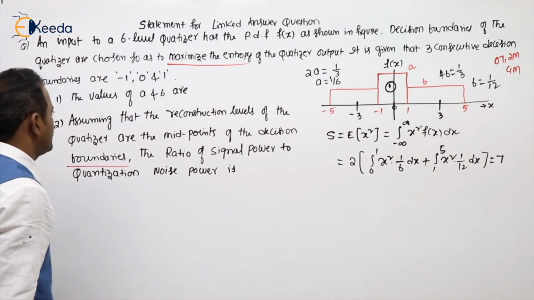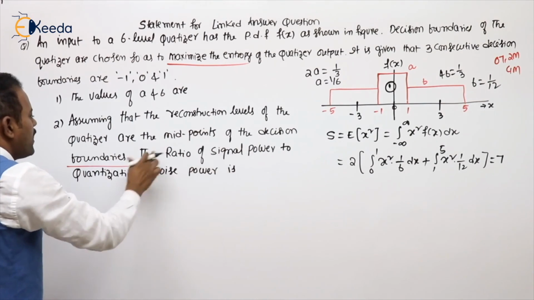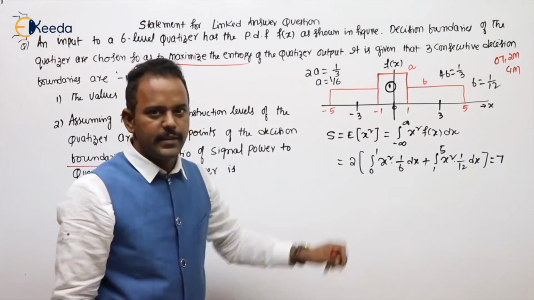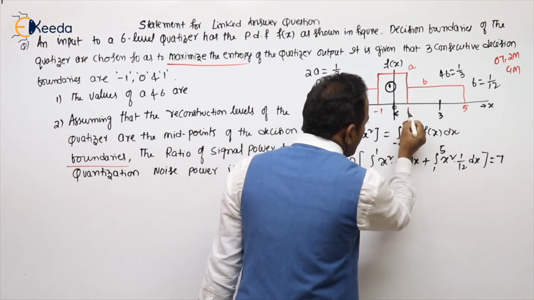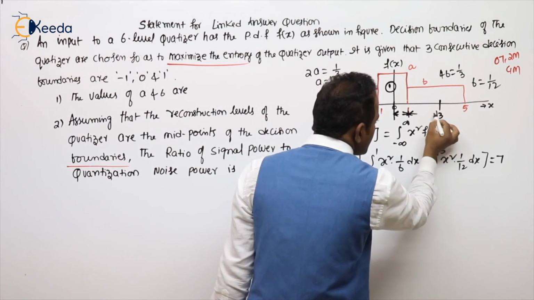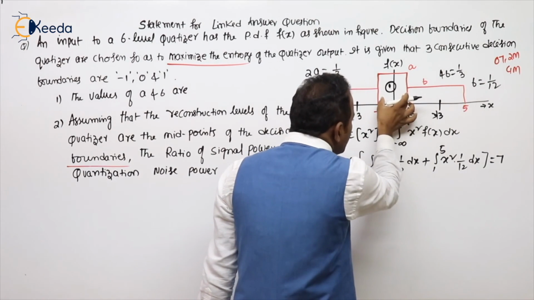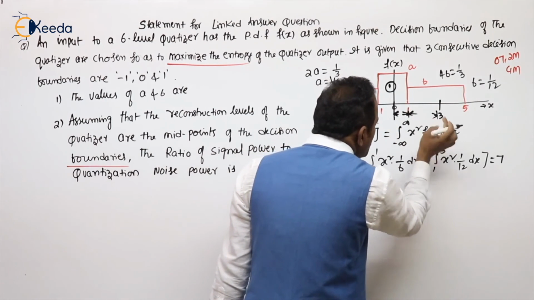Next, see the next thing. Assuming the reconstruction levels of the quantizer are midpoints of the decision boundaries, if you observe from here to here, what is that? Delta, the step size. Here the step size is 1 volt. Here the step size is 2 volt.